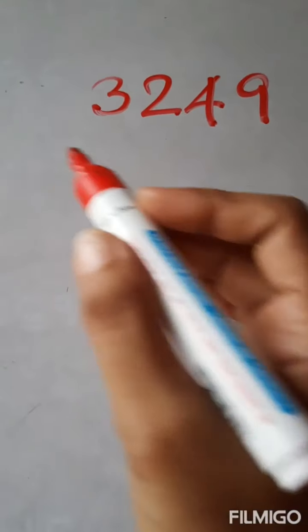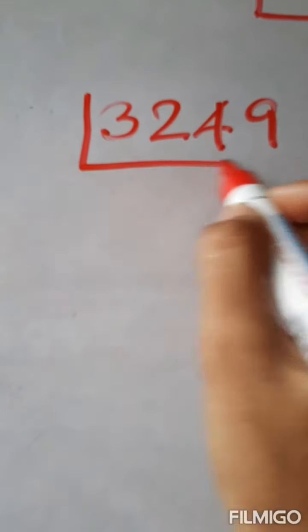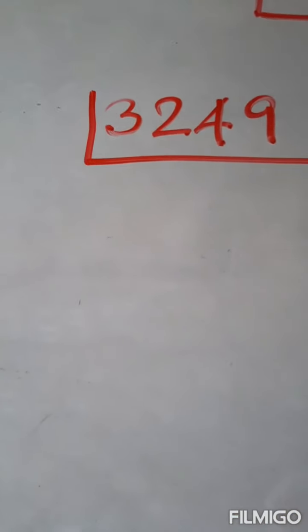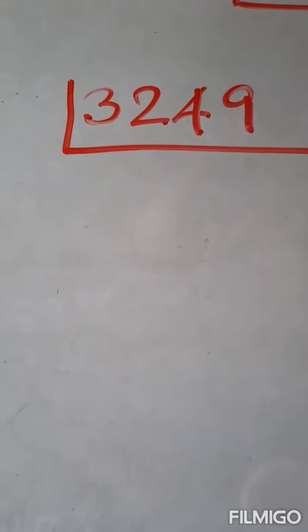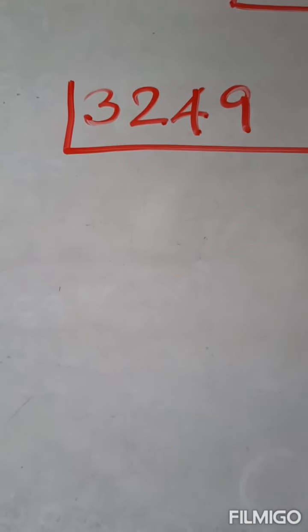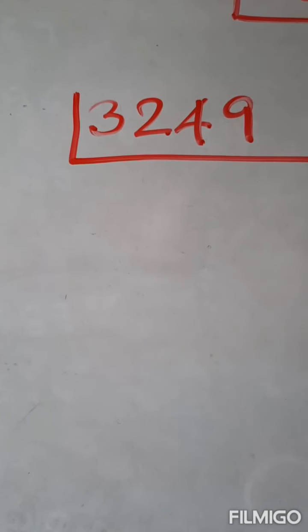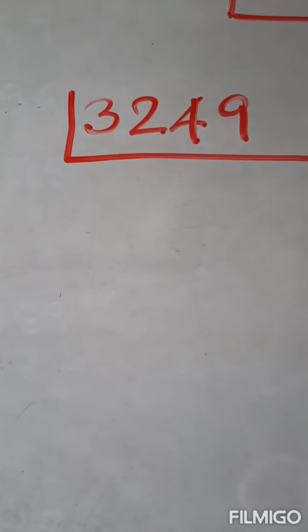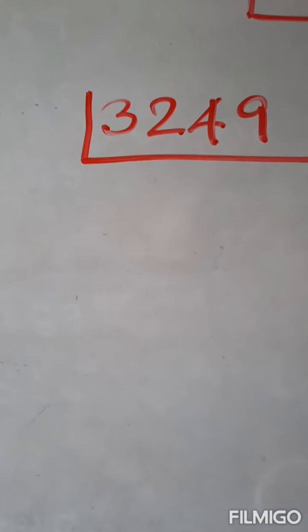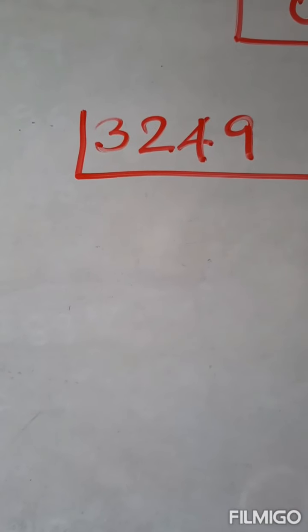Now let us take another number, 3249, to find out the square root. Because 9 is there in the units place, we will first find out by adding the digits whether it is divisible by 3 or not.